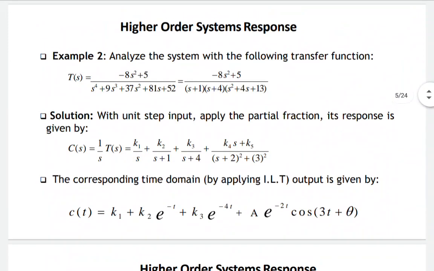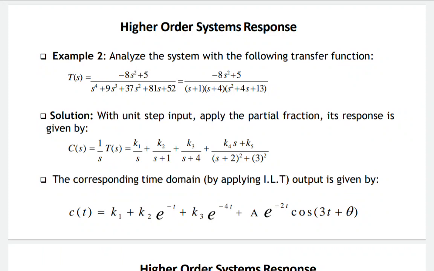Now, for example, for higher order systems, analyze the system with the following transfer function. T of s is equal to minus 8s square plus 5 divided by s to the power 4 plus 9s cube plus 37s square plus 81s plus 52.